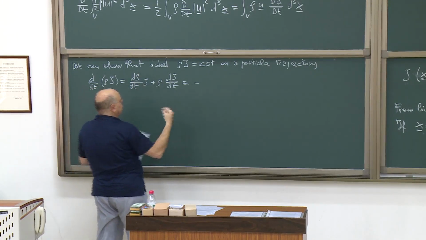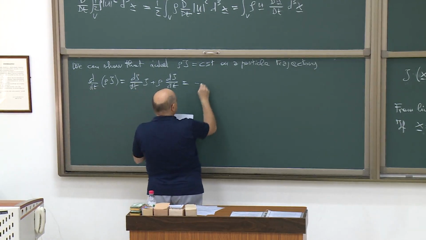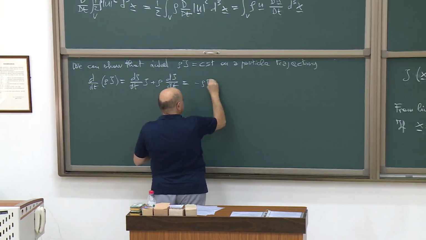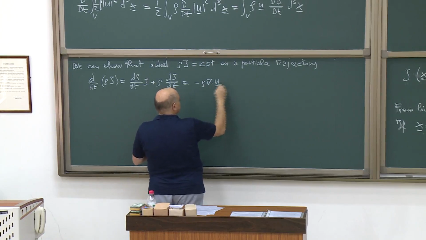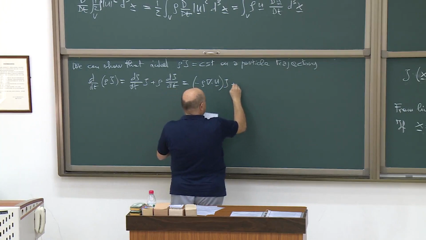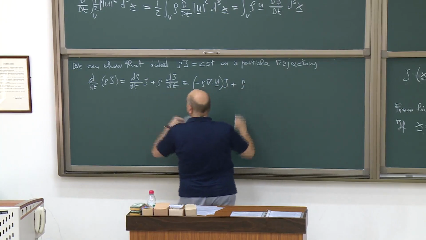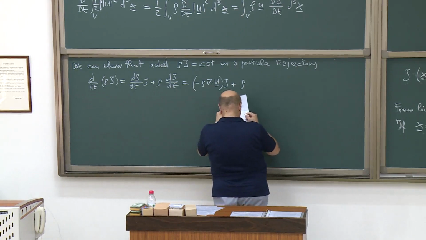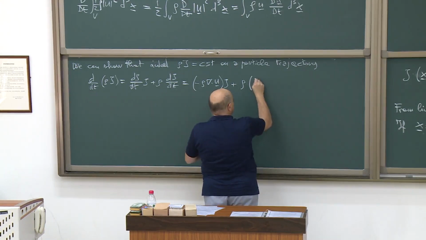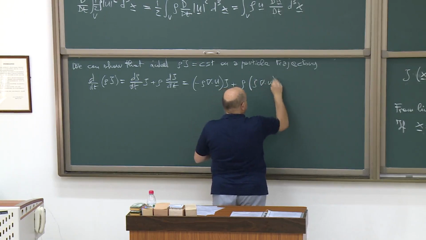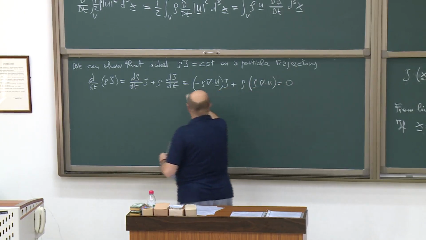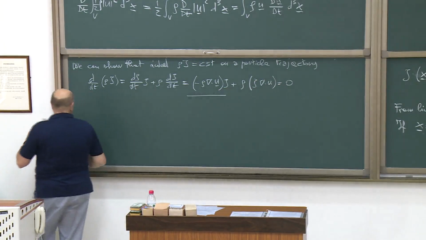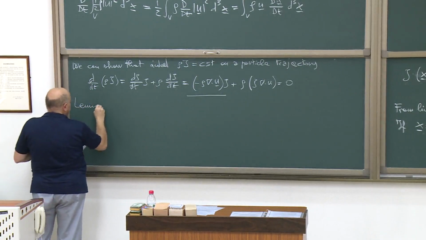The d rho dt comes from continuity, so we have minus rho div u from continuity, and then plus the other one, rho, and this dJ dt comes from the Lagrangian form, same thing, and so we have rho J div u, and this is exactly 0.